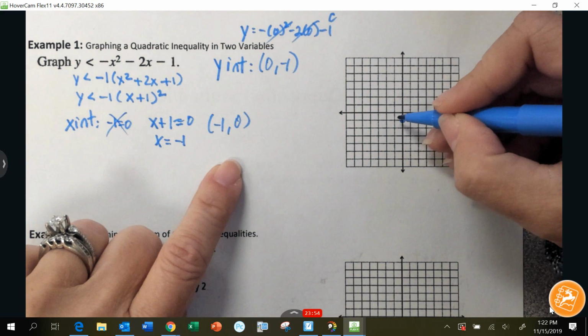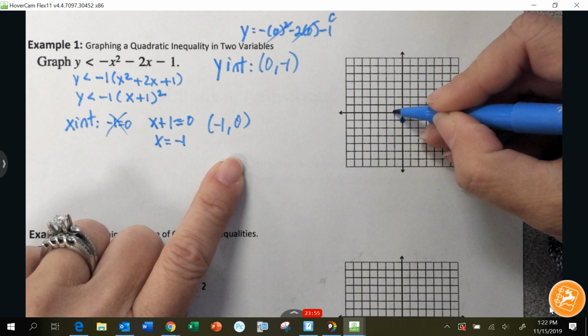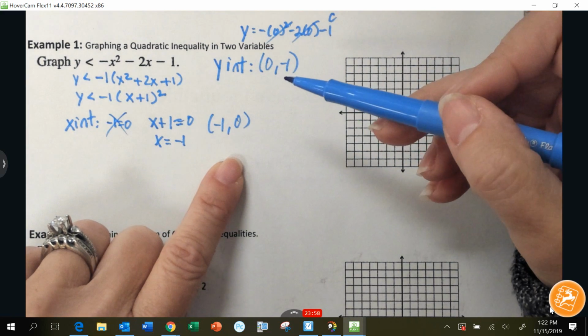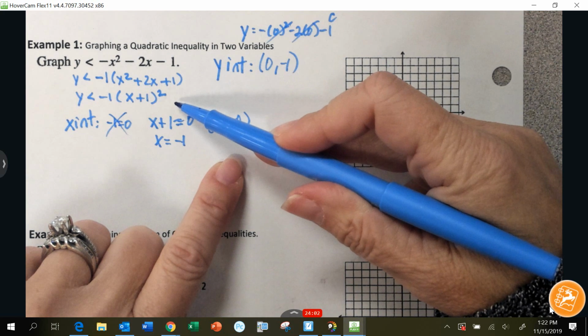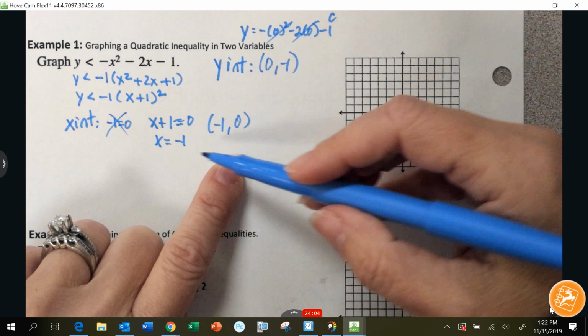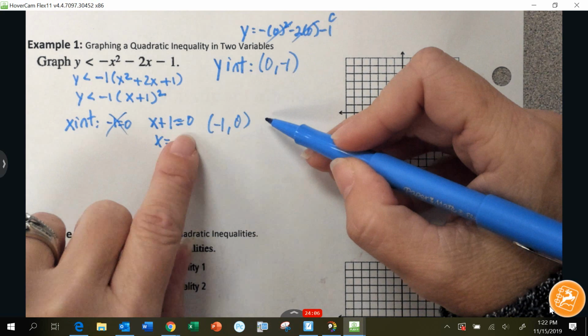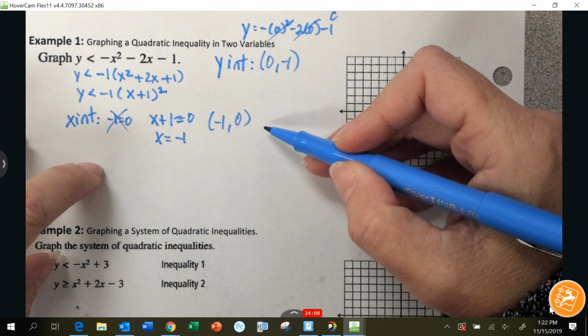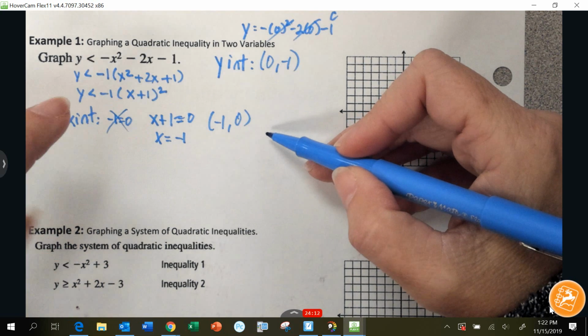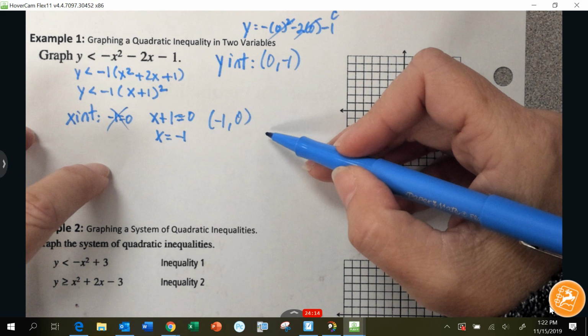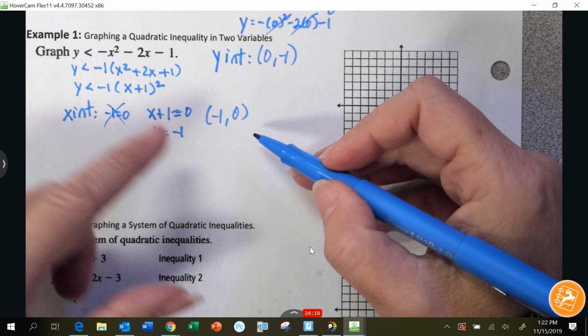What does that tell me? We always get 2 solutions when it's squared. So we have x plus 1 equals 0. What is my other factor?